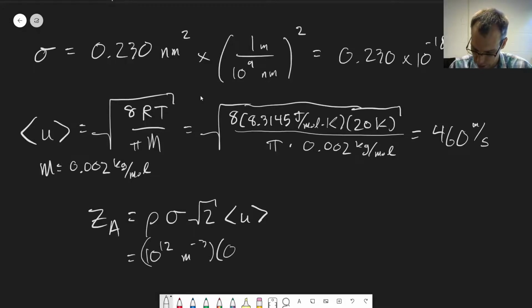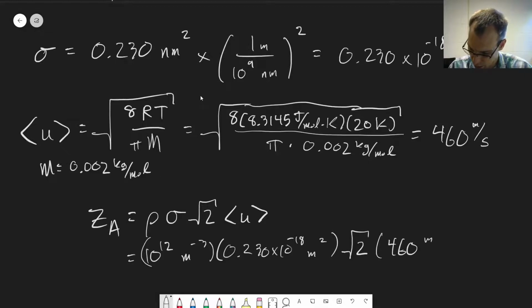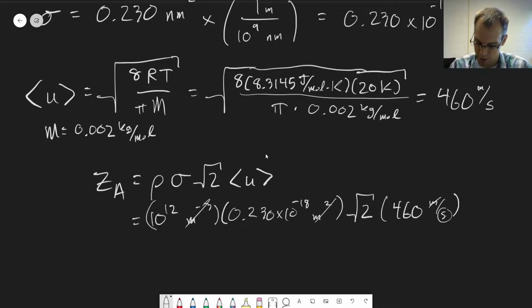Our sigma is 0.230 times 10 to the minus 18th square meters times the square root of 2 times 460 meters per second. So we can see all of our meters are going to cancel, and we'll have just per second, which gives us a frequency, which is what we want. And if we do all that, we get a very small number, 0.00015 collisions per second.